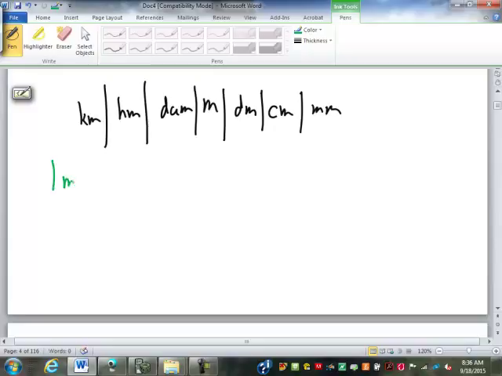1 meter, of course, is 100 centimeters. 1 centimeter is 10 millimeters. That's just looking at the chart, right? From meters to centimeters is 2 spots to the right, so I move the decimal 2 spots to the right to get 100 centimeters, and so on.